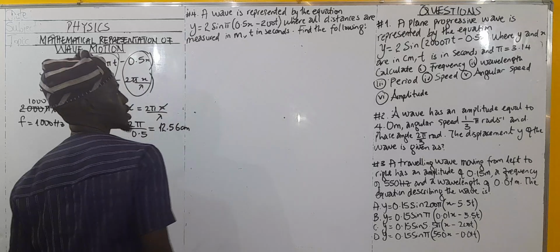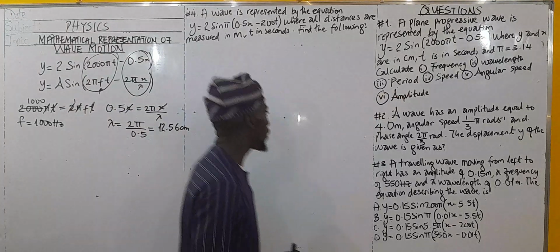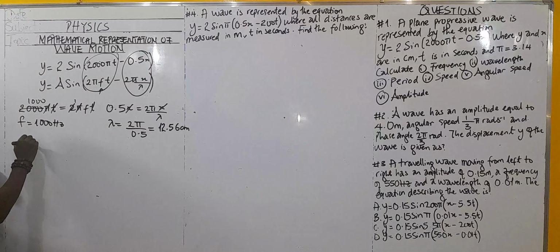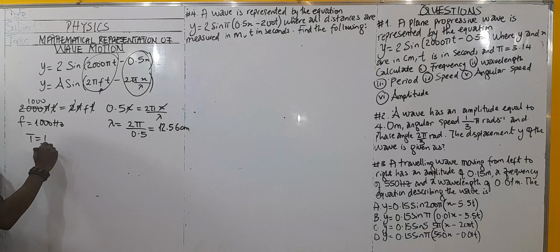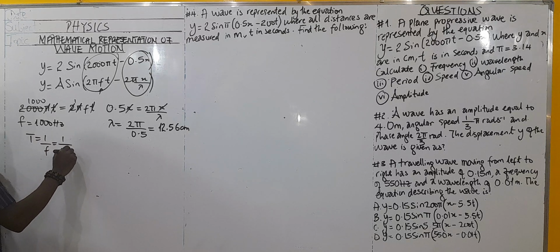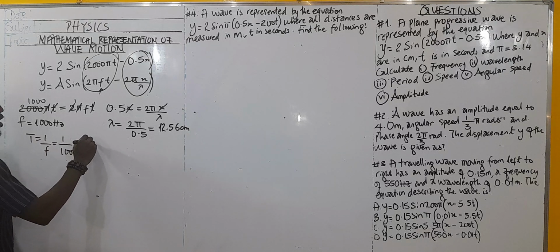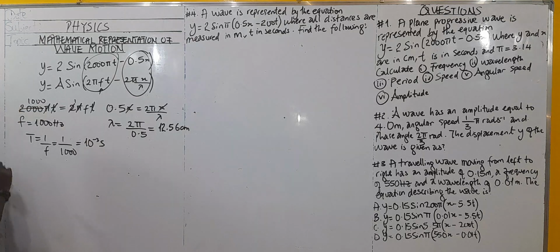Okay, let's proceed. We have to find the period. We already know that period is 1 over frequency, which is 1/1000, which is 10^−3 seconds. That's all.